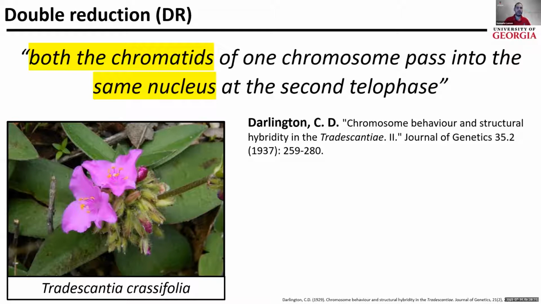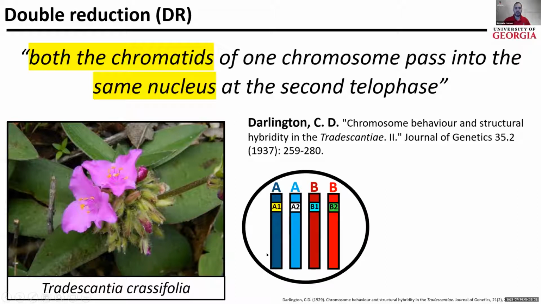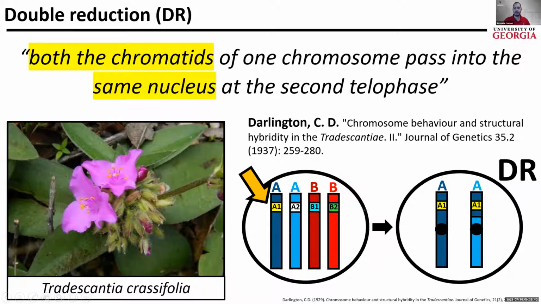Double reduction is a genetic process discovered by Darlington in 1929 when he was working with the genus Tradescantia, and he defined it as where both the chromatids of one chromosome pass into the same nucleus at the second telophase, which means for peanut that if we have a cell with alleles in a single dosage, at the end of meiosis we will notice that we have gametes in a double dosage for a specific allele.